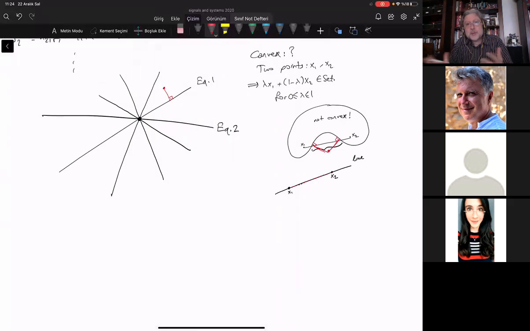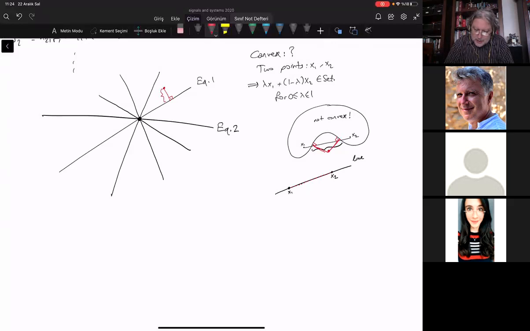And so the projection is ambiguous. Which one should I choose for the projection? The orthogonal projection means finding the minimum distance from you to the set. Finding the minimum distance point on the set will be the orthogonal projection.